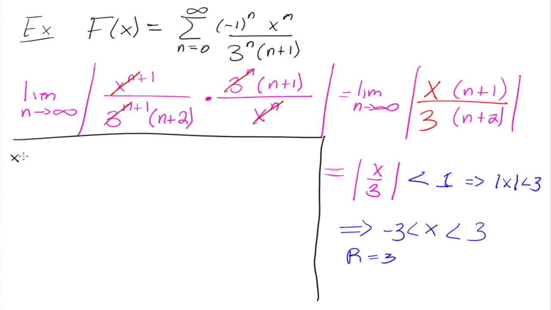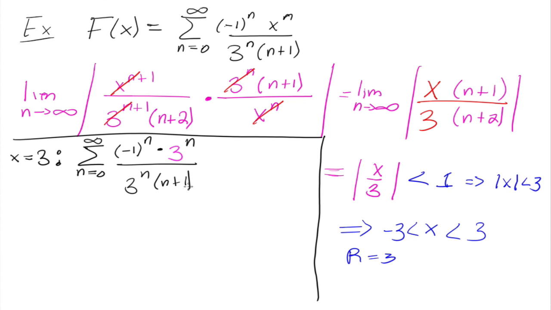So let's say x equals positive 3. So I've got the series n equals 0 to infinity of negative 1 to the n times 3^n over 3^n times (n plus 1).